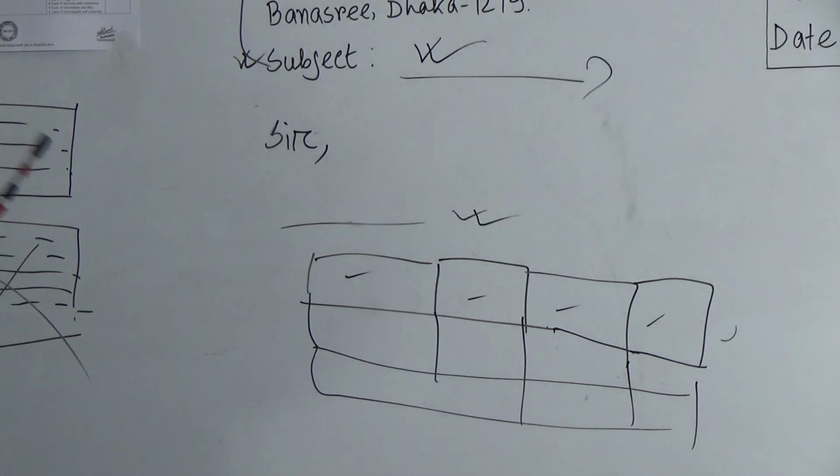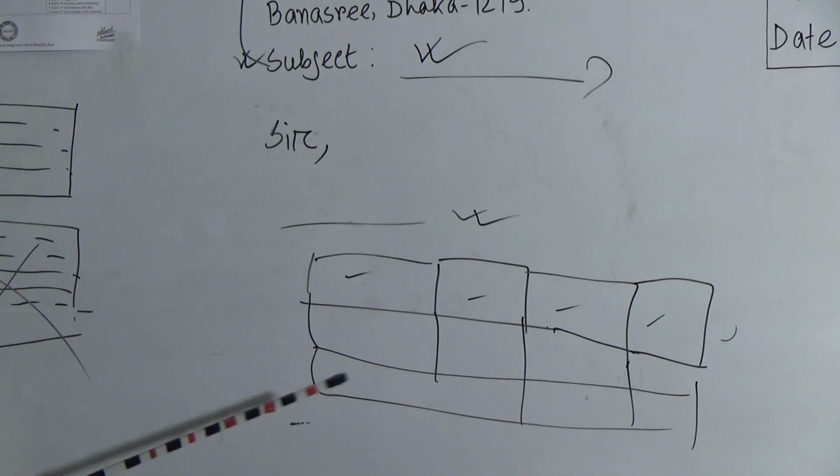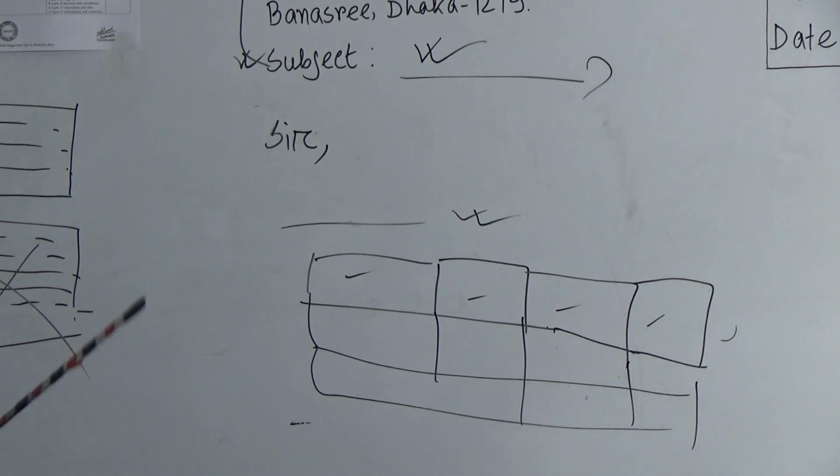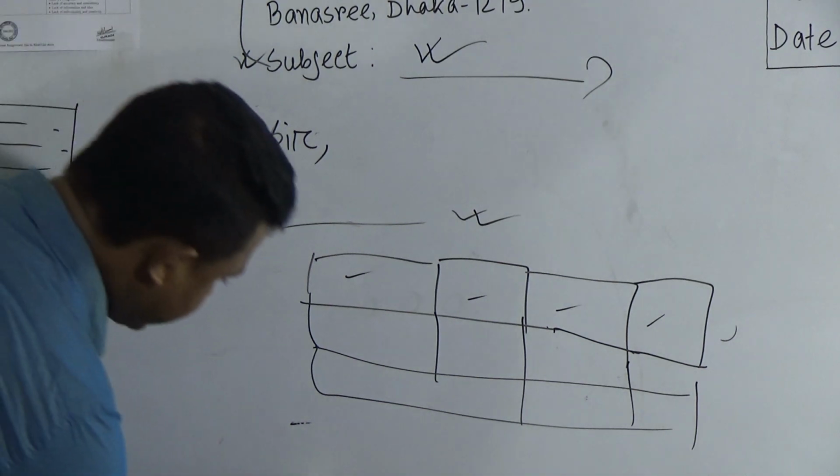So how will you write that? First of all, you will have to show the religion of ancient Bengal and present Bengal. Then you may show the economic condition of present and ancient Bengal, then agriculture, then culture, then language of ancient and present Bengal.